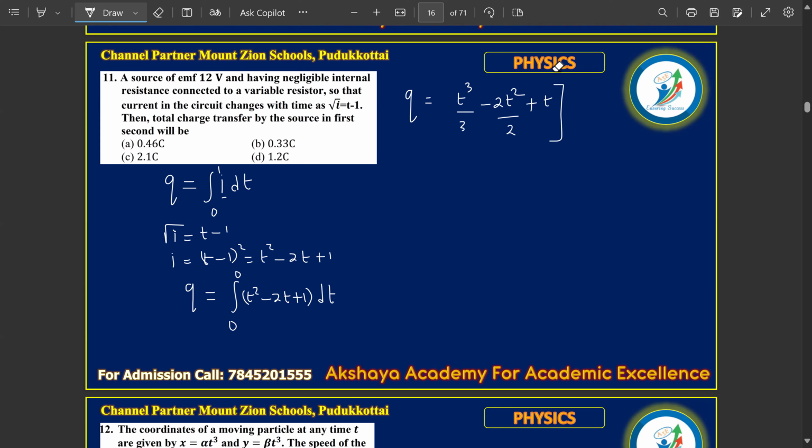When we substitute the limits 0 to 1, we get Q is equal to 1 by 3 coulomb, which is nothing but 0.33 coulomb. So the correct answer for question number 11 is option B.